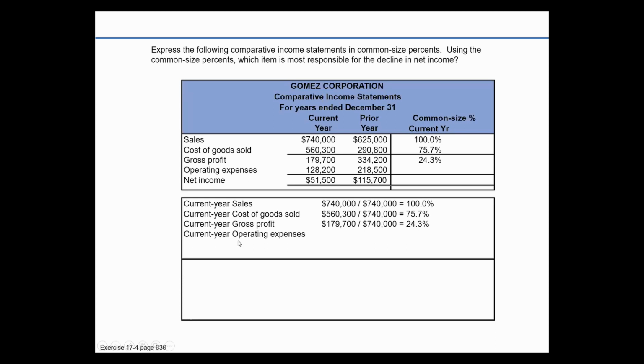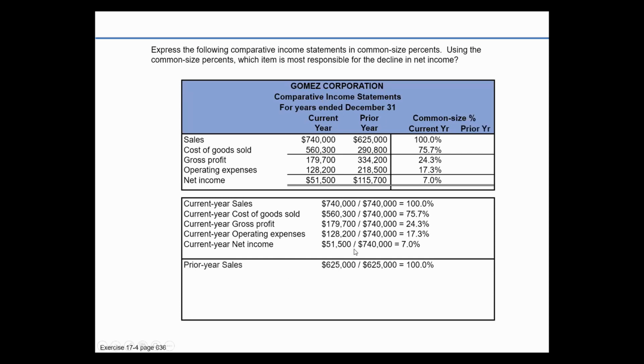Current year operating expense would be 128,200 again divided by 740,000 is 17.3. And then the current year net income, 51,500 divided by 740,000 is 7%. Then we can do the same thing for the prior year.